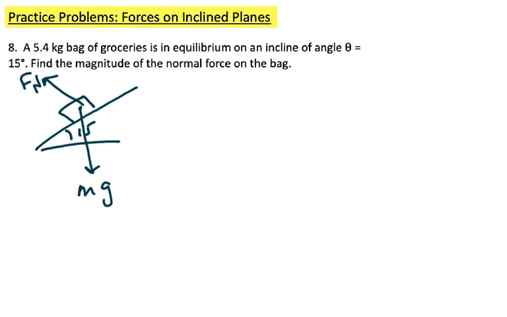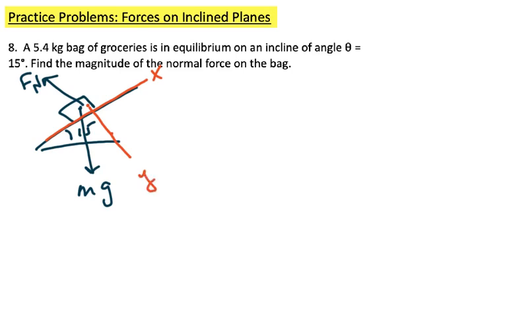All right, so if you recall back to the video that we watched on solving for these kinds of problems, we want to set up our x and y so that they are lined up with the surface of the plane, because it simplifies the math a little bit.